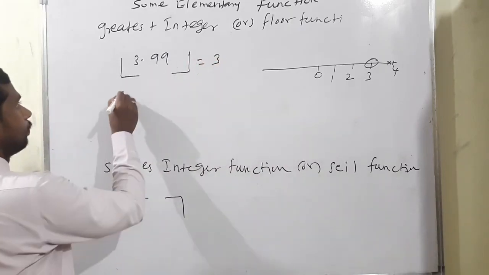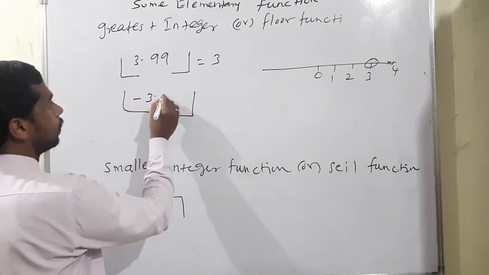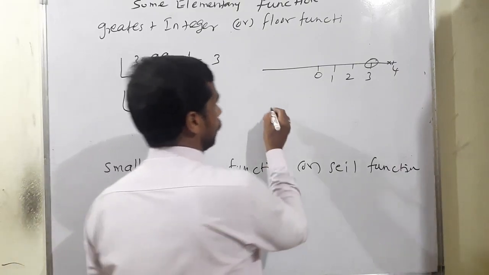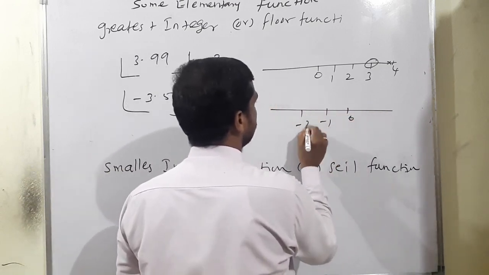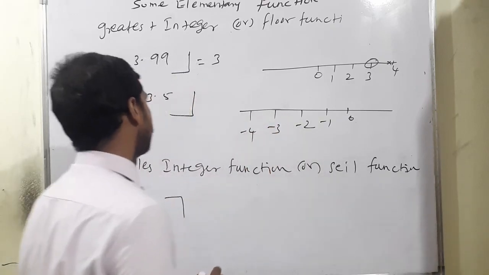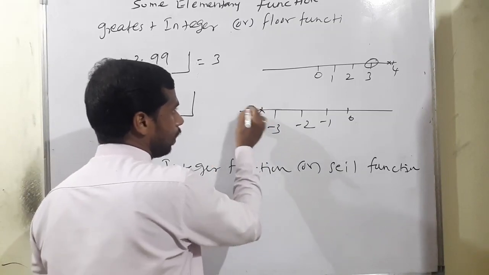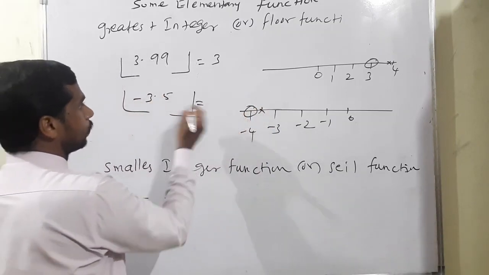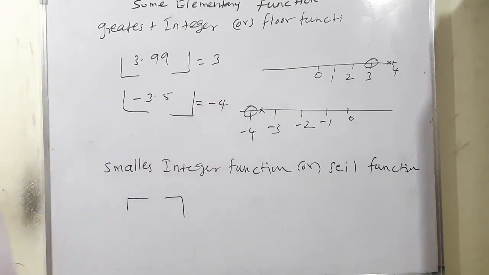At the same time, for a negative value, negative 3.5: on another number line 0, minus 1, minus 2, minus 3 and minus 4, the value minus 3.5 lies in between. The whole number less than it is minus 4. Therefore the greatest integer function value of minus 3.5 is minus 4.